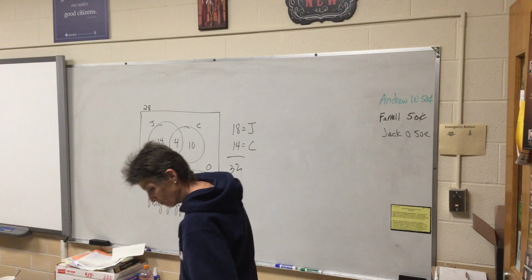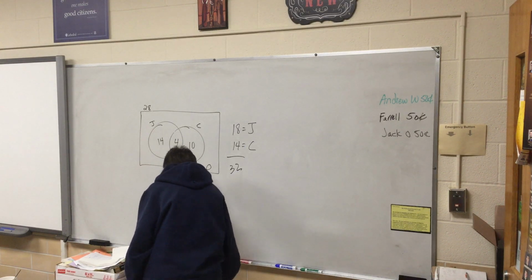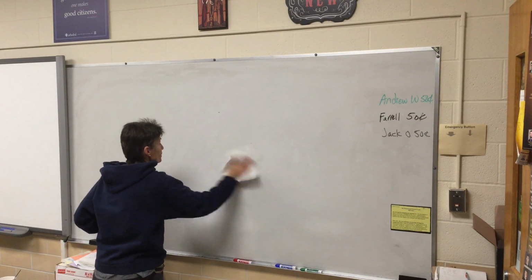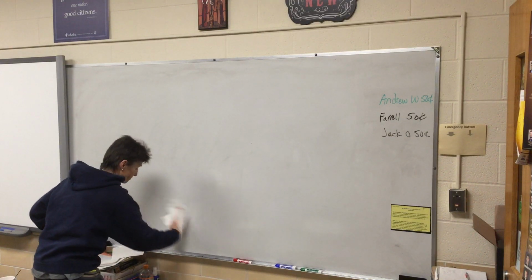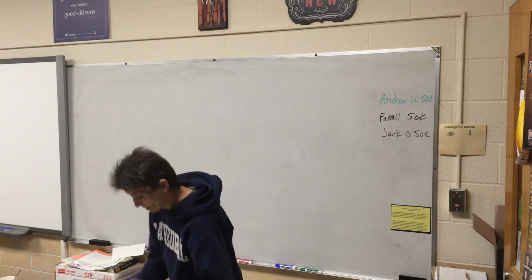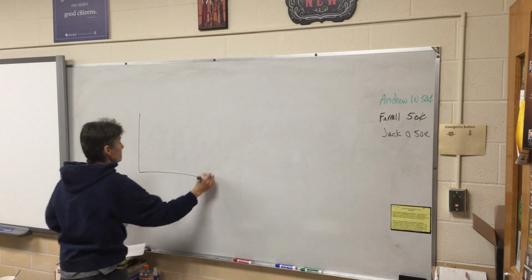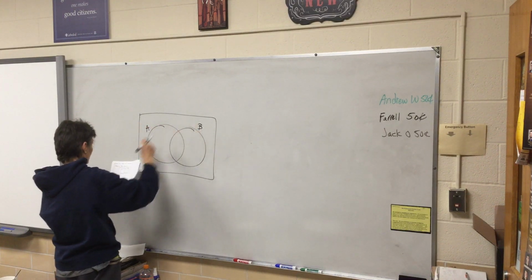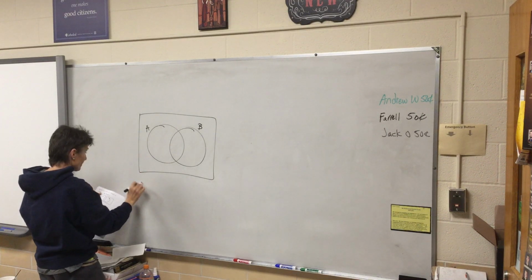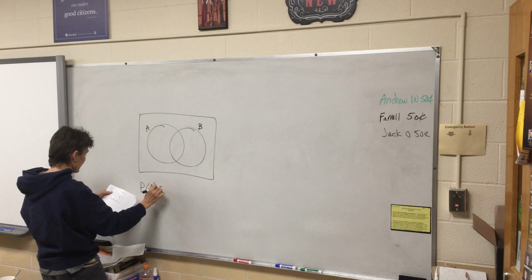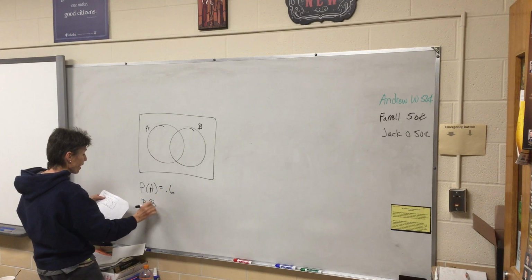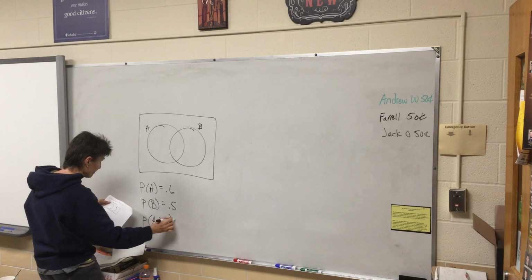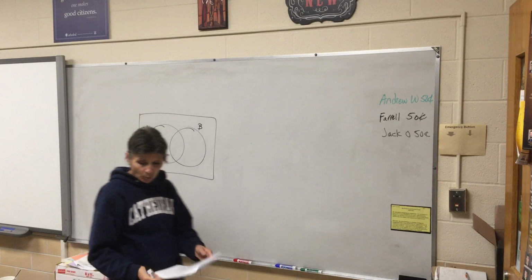All right, now we're going to do more Venn diagram problems, but now we're using probability and some strange notation. So we'll need to figure out what all this strange notation means. All right, so I got my Venn diagram. And this time I have A and B. I am told that the probability of A is 0.6, the probability of B is 0.5, and the probability of A and B is 0.2.